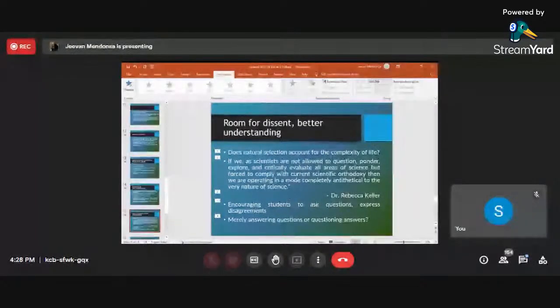So you are not just involved in your own research, or restricted to your own community, but you are including your own students also in the process of research. So let students not merely answer questions, but also question the answers. And that is also part of research. Not just merely answering questions, but questioning the answers.